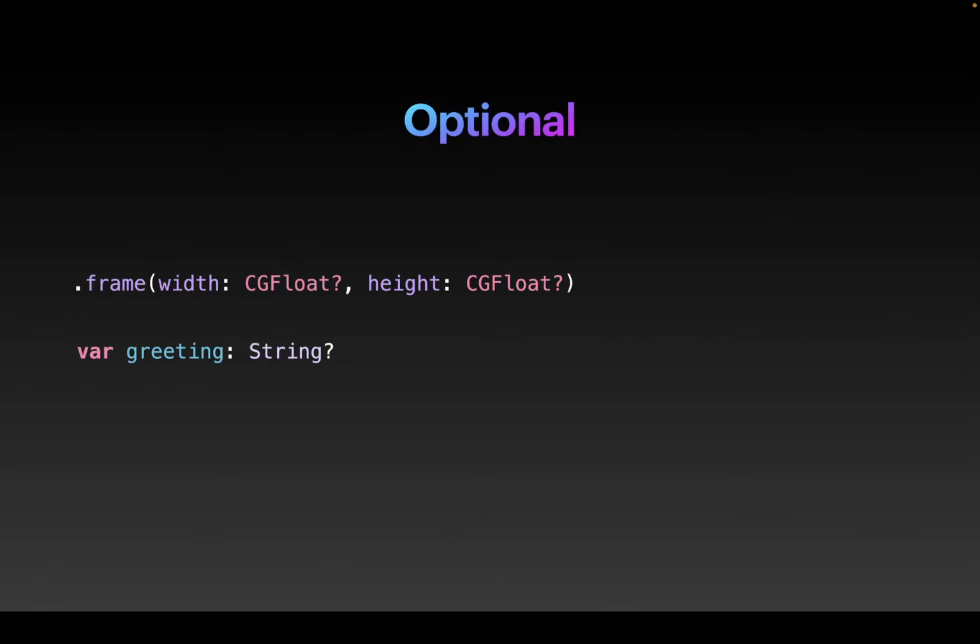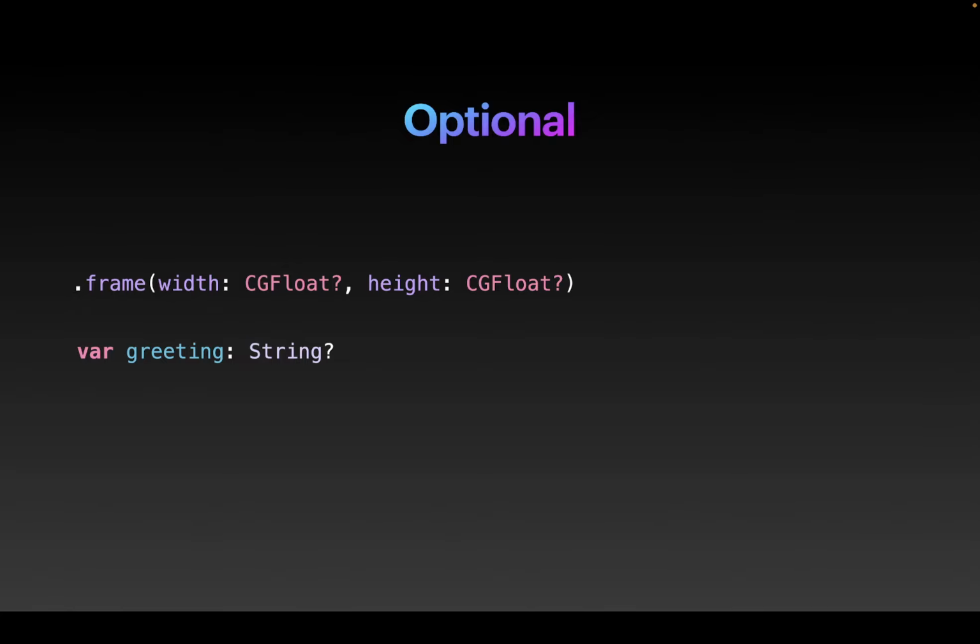If you pay attention to the auto-completion Xcode gives you, you can see the type of both variables is Float with a question mark. Whenever you see a type followed by a question mark, it means it's an optional. So in this case, Float with a question mark is not Float. It's an optional wrapped around Float.